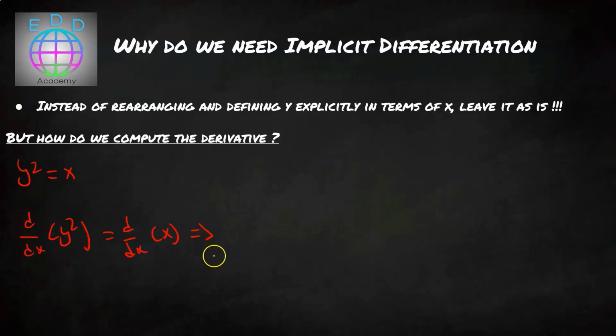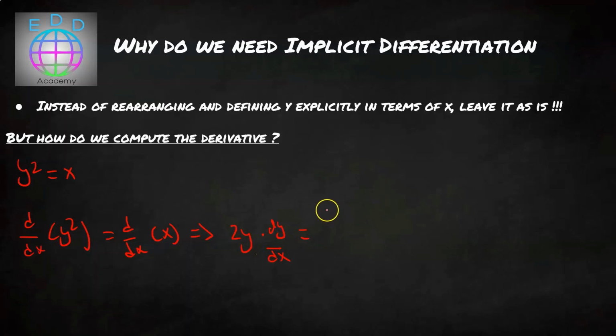Computing the derivative on both sides, this is the important step. So we take the derivative of y squared, which is 2y, but instead of just leaving this here, we have the chain rule we learned last time, and any y term you have to multiply by f prime, y prime, or dy/dx. So I'll do that here.